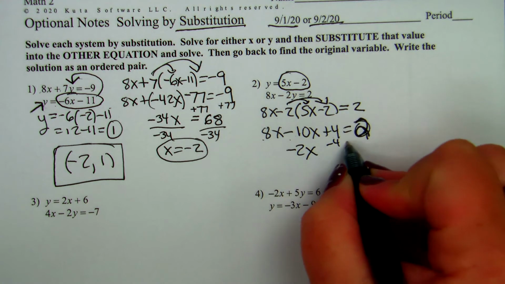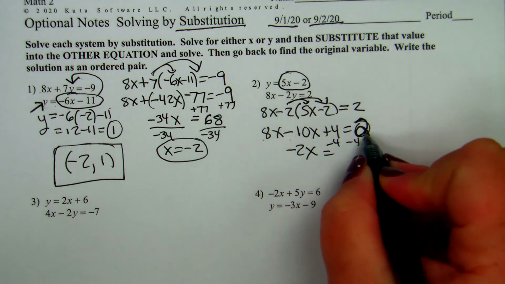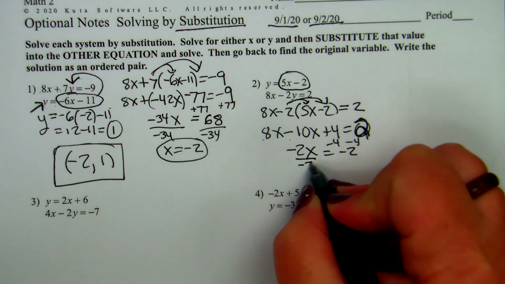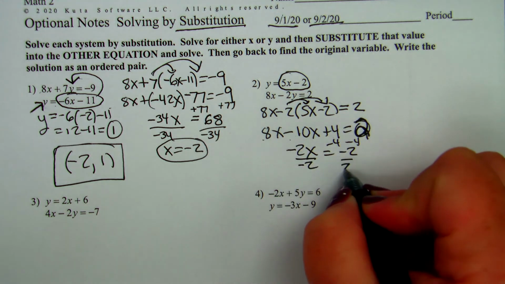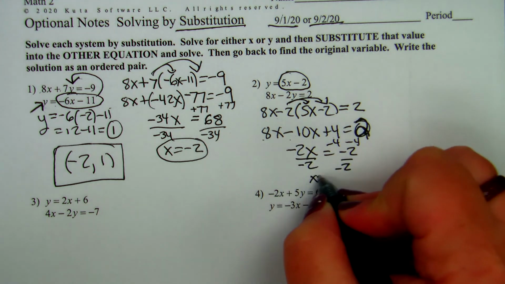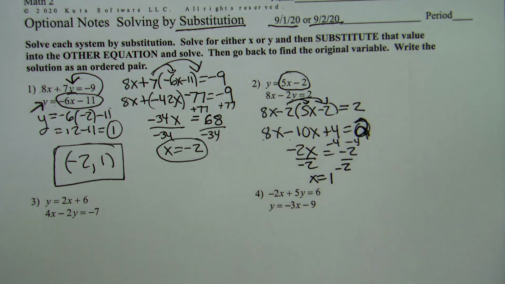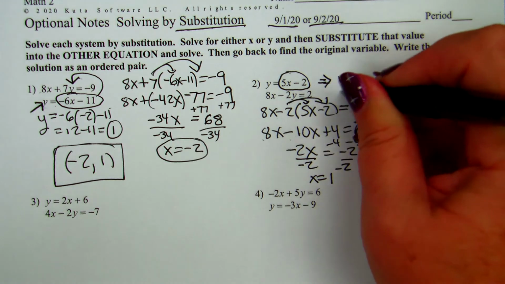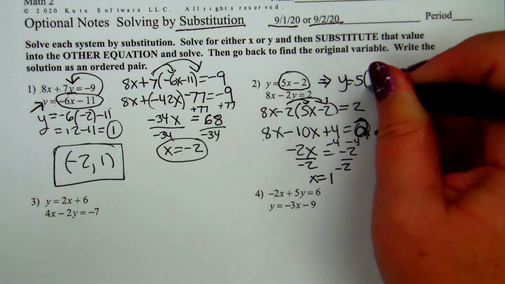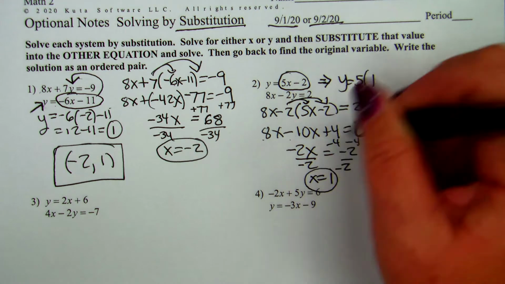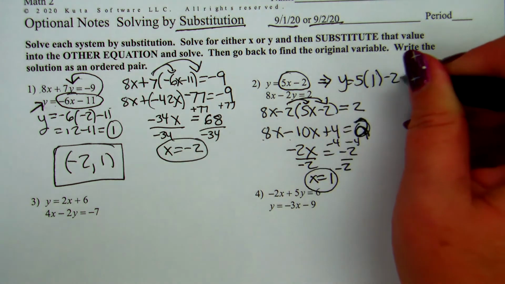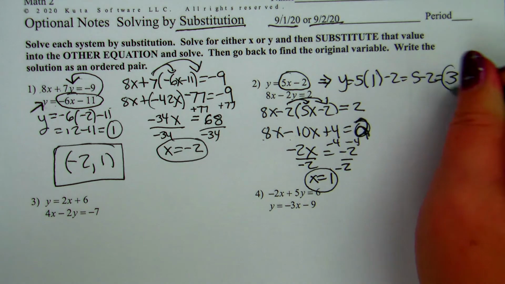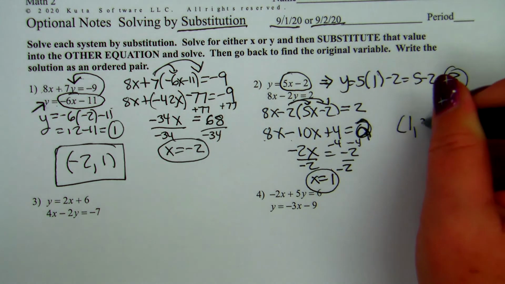Subtract 4 from both sides. 2 minus 4 is negative 2. Divide by negative 2 so they cancel. And x equals 1. We come back up to the beginning. Y equals 5 times x, which we found out was 1, minus 2. So 5 minus 2 equals 3. So the ordered pair is 1, 3.